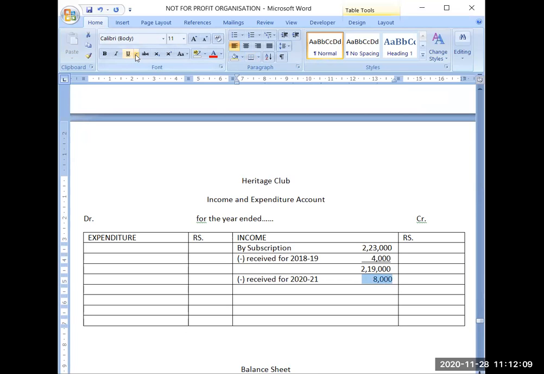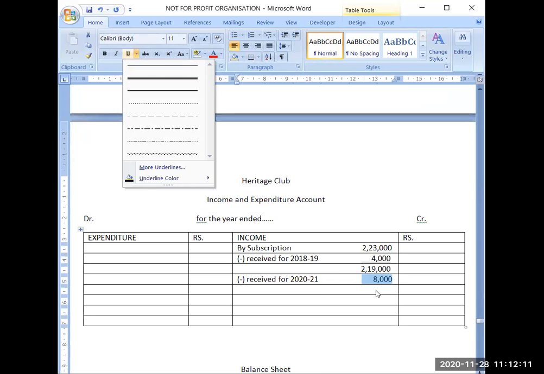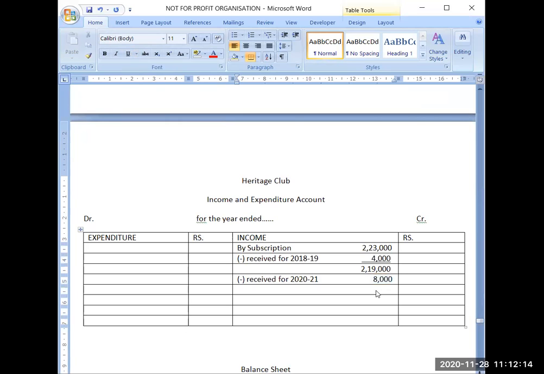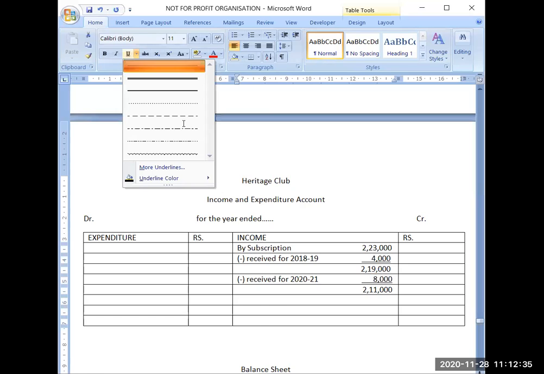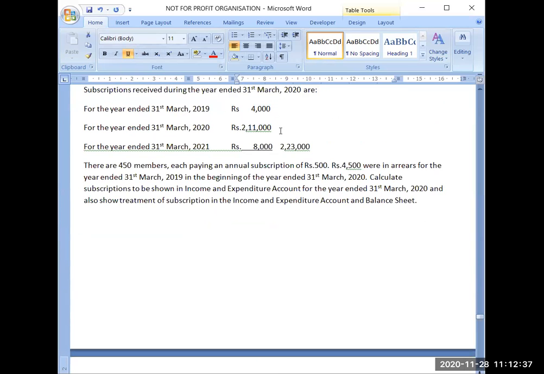That will also be subtracted from here. So now the amount will be 2,11,000. So for the current year, we have received rupees 2,11,000.